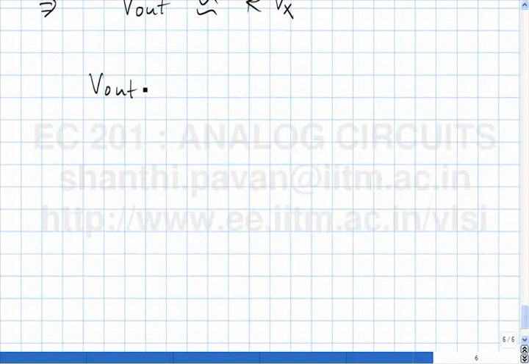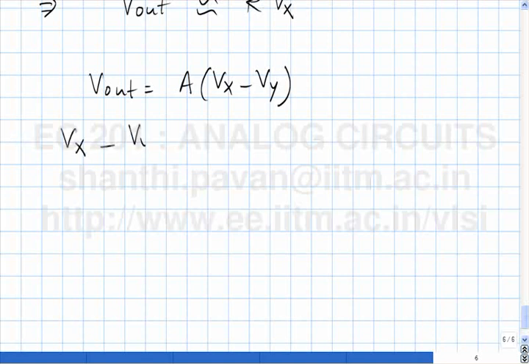Please note that V out is nothing but A times Vx minus Vy. Alright, and we were interested in finding Vx minus Vy by Rn, which is Ix, that's the current that flows in from the input, correct?